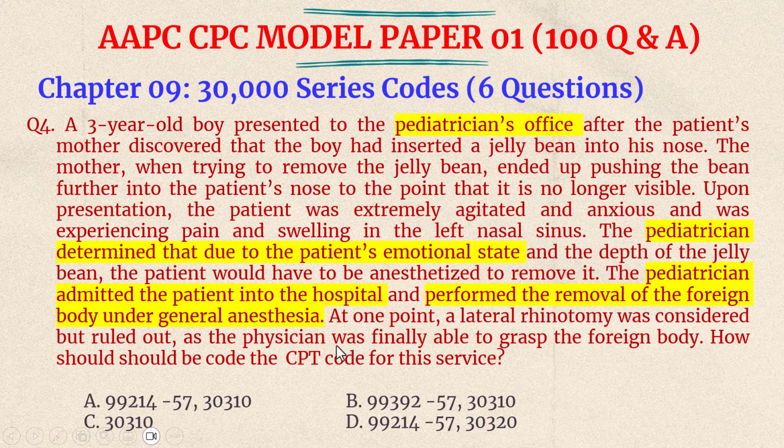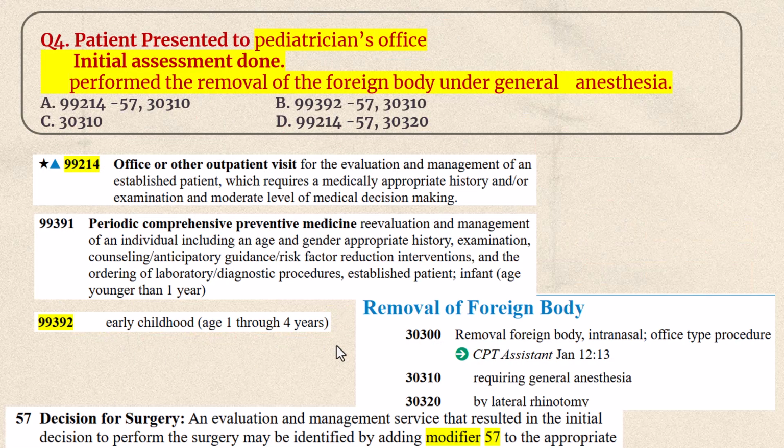So let's use the elimination method to find the answer. So let's go to the 99 series. Here you can see 99214 says office or other outpatient visit for the evaluation and management of an established patient which requires a medically appropriate history or examination and moderate level of medical decision making.